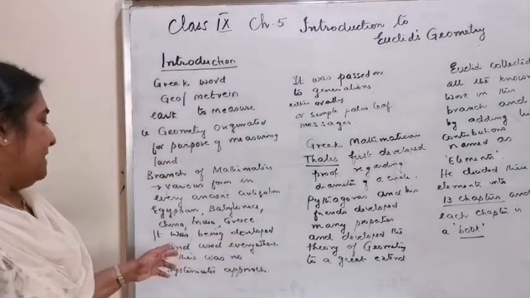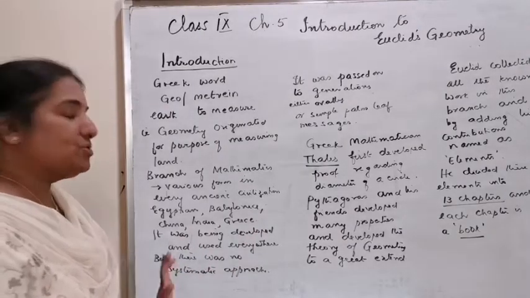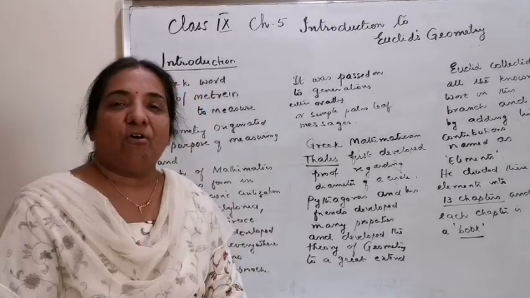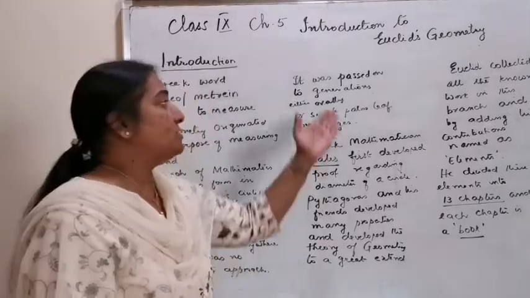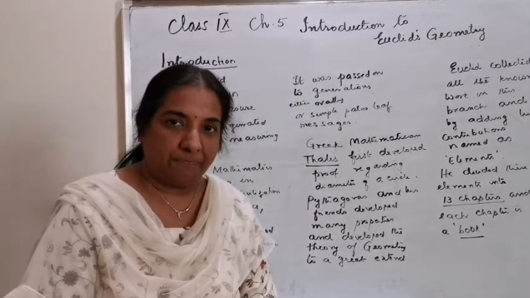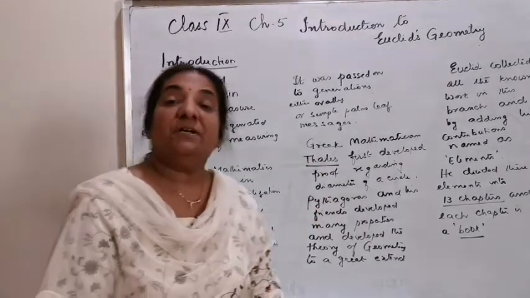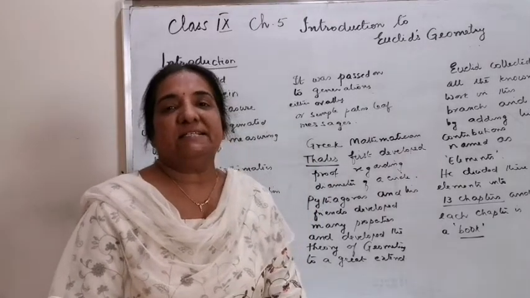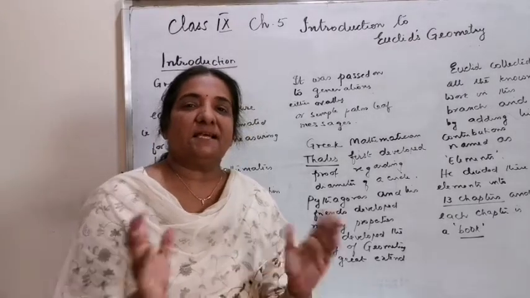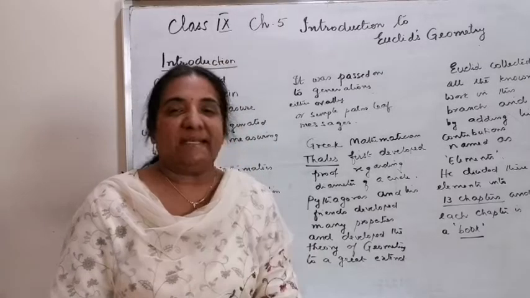It was being developed and used everywhere, but there was no scientific approach. The only way of passing on the ideas was orally or through simple messages. It is at that time that the Greek mathematician Thales first developed a known proof that a circle is divided into two equal parts by a diameter.